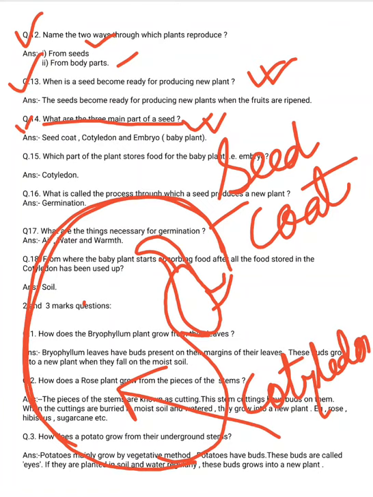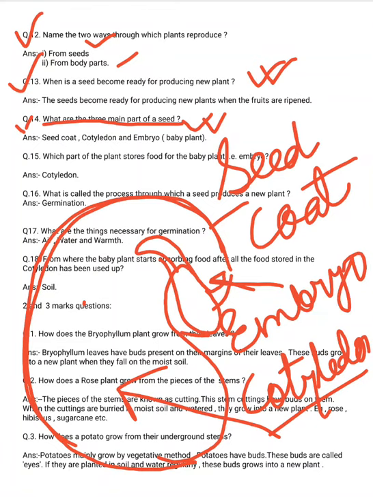Cotyledon is where food is conserved for the baby plant. And this is called the embryo. Embryo is also called the baby plant.